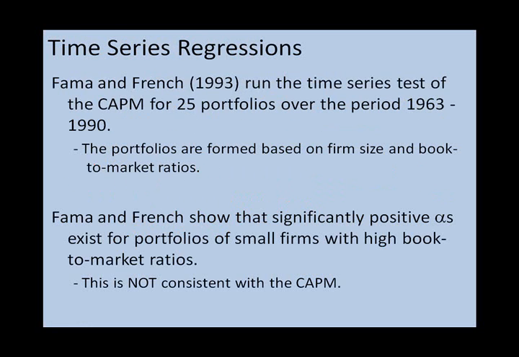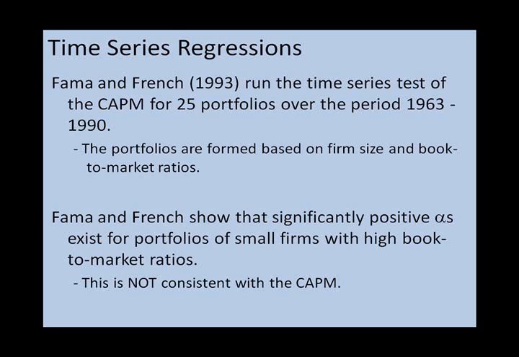Once again, it was Fama and French who looked at this time series test of the CAPM. And they looked at 25 portfolios over the period 1963 to 1990. These portfolios were formed based on firm size and book-to-market ratios. So Fama and French sorted firms by firm size and by their book-to-market ratios, and then allocated them to different portfolios.